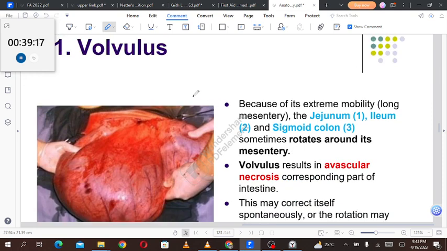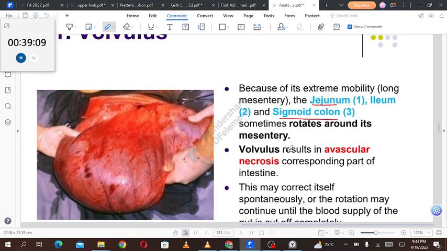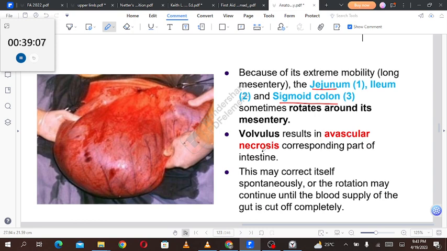Then the volvulus. Because of extreme mobility and long mesentery, the jejunum, ileum, and the sigmoid colon sometimes rotate around their mesentery. The volvulus results in avascular necrosis of the corresponding part of the intestine. So suppose this is the mesentery containing the blood vessels, and here we have the lumen, or the freely mobile viscera.